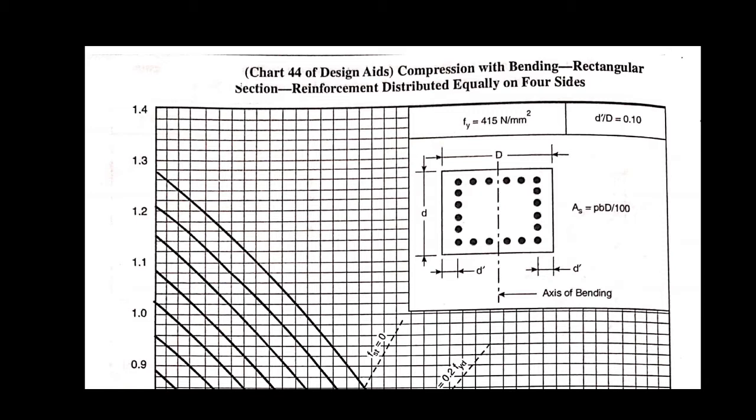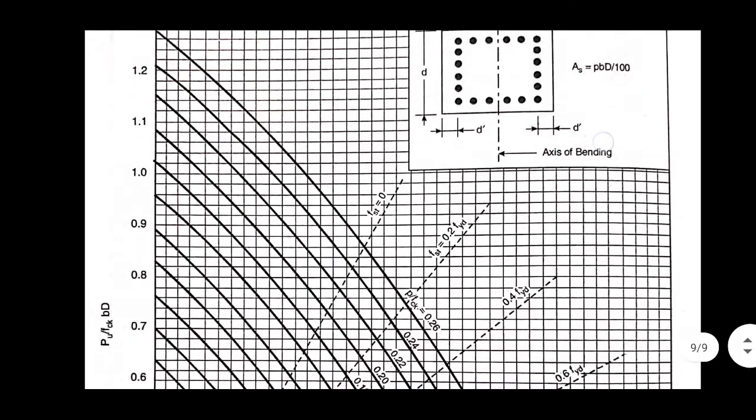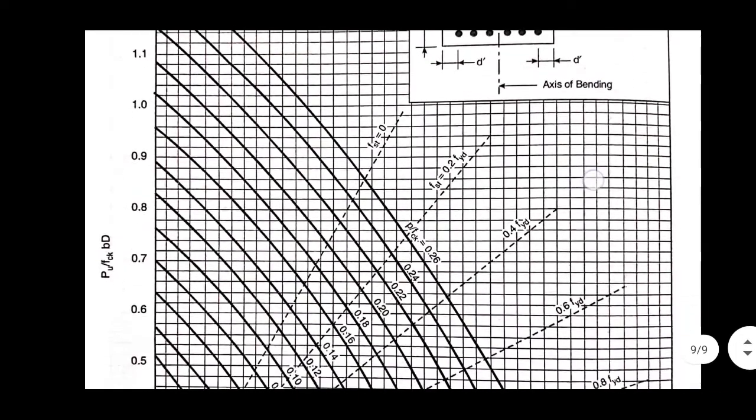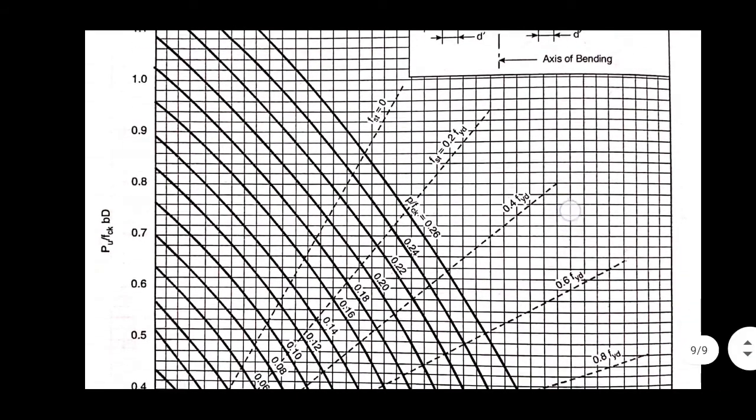If Fy or d dash by d varies, in that case the chart will be changed. Mainly d dash by d varies, so depending upon that the chart may be changed. You may use chart number 43 or 44. You have to check it from this right top corner, what is the value of d dash by d. So from this chart, what we have to find out?